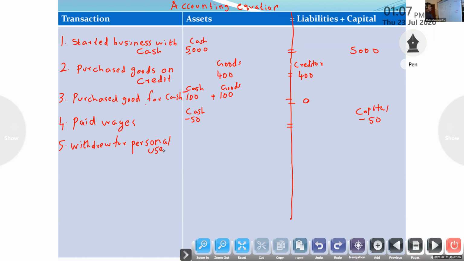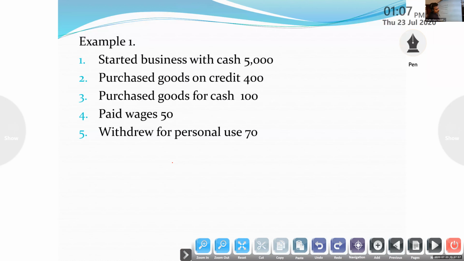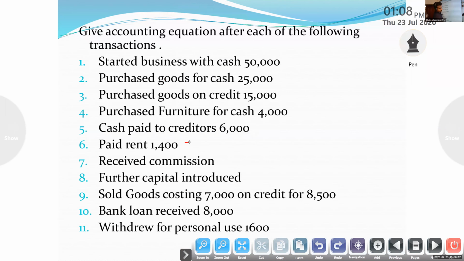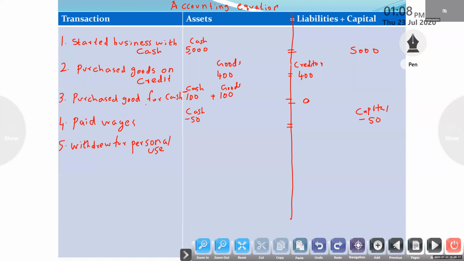Withdrew for personal use 70. Minus 70 cash, then minus 70 capital.